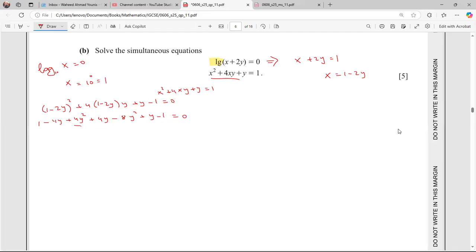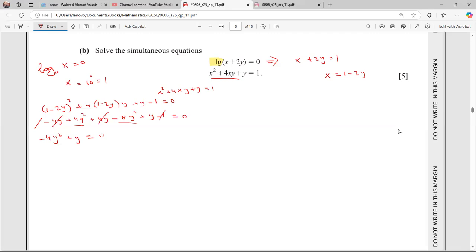Okay, so this 4y squared and minus 8y squared is minus 4y squared. And then we have minus 4y cancelled with 4y, and I have y only. And then constant term 1 minus 1, this also is cancelled. So I have everything, this is equal to 0.